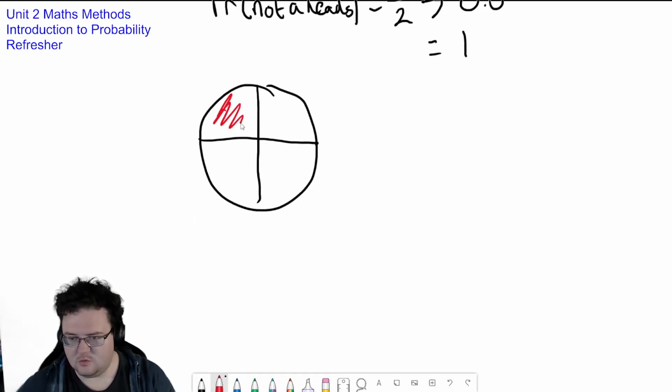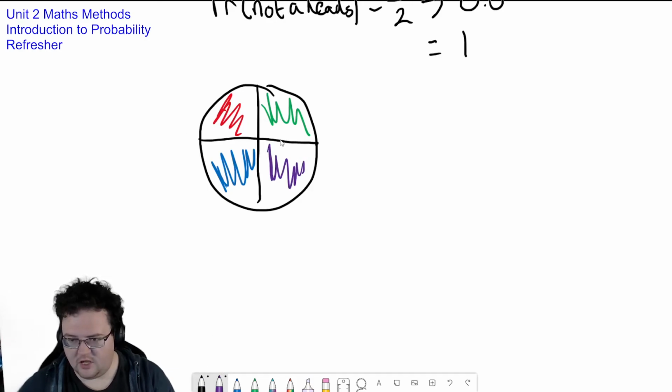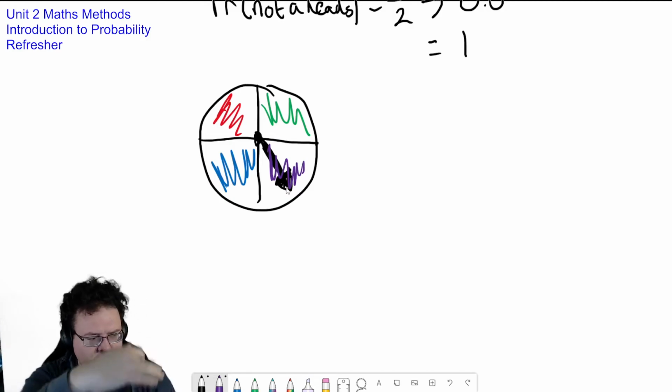There's a color in each one. And it's got one of those spinner arrows on it. And you flick the spinner and it spins around and goes, woo.